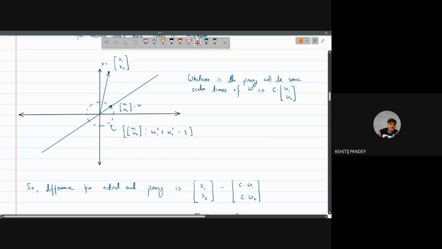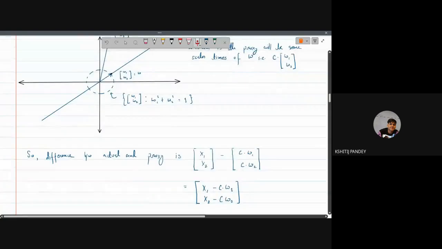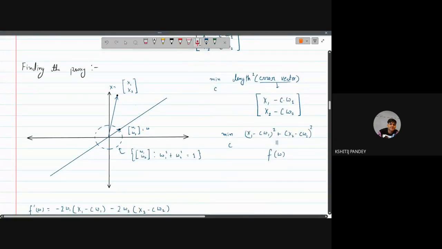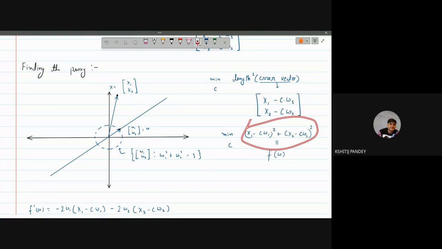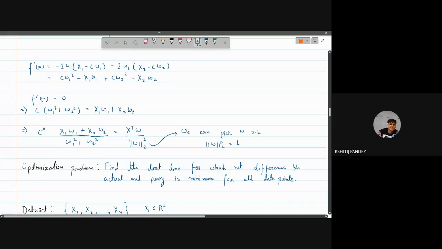The only thing that will be different for all the points outside the line will be C. That C will be multiplied with the representative vector to get the proxy. So we differentiate this with respect to C to find that optimal C, equate it to 0, and calculate the optimal C.